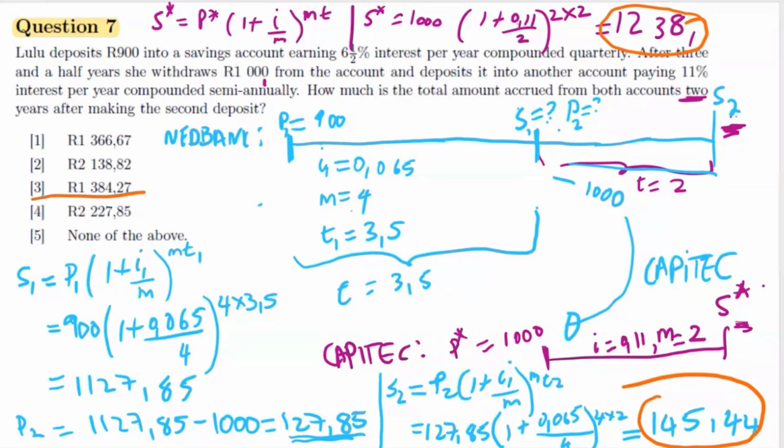We would have to check, because what you are saying is, let's say you started off with 900. She started off with 900, and the total period of the investment is 5.5. Do you agree with that? Yes.